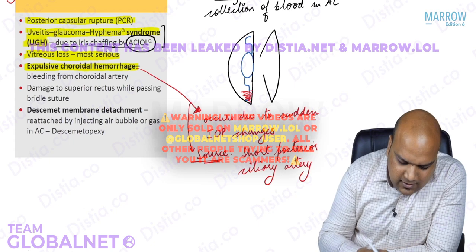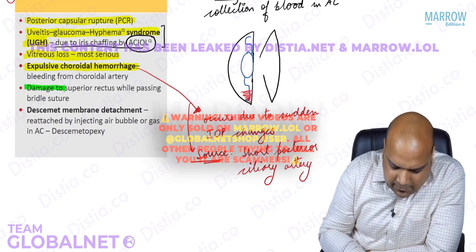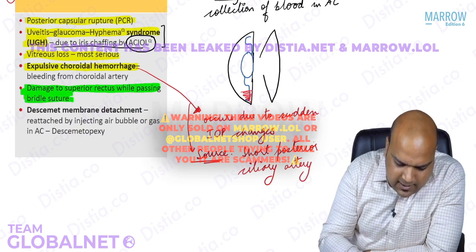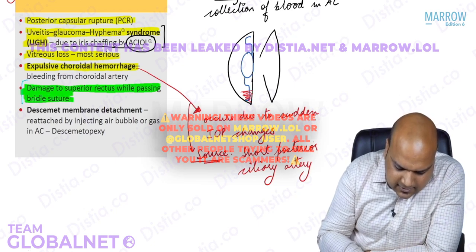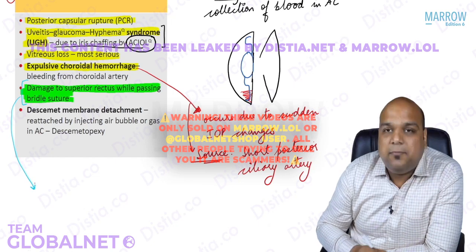Moving further, everybody. It is written damage to superior rectus while passing the bridle suture. So this, everybody, has nothing to do with phacoemulsification.